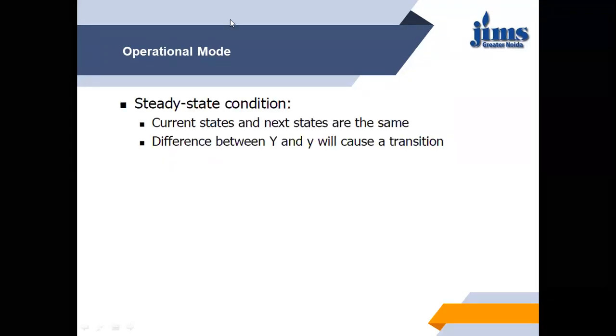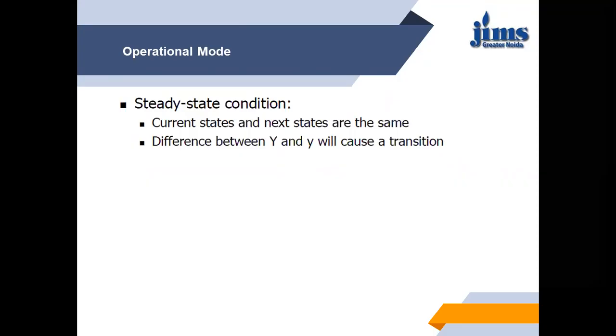Now, the mode of operation of asynchronous sequential circuits. The steady state condition: you have studied the transient and steady state conditions when you studied network and systems or circuit systems. The current state and the next state are the same in a steady state condition.